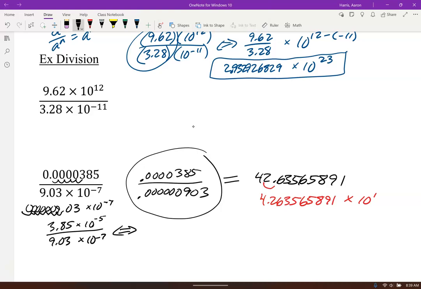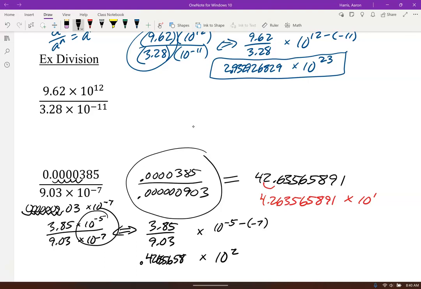Now I'm going to take the 3.85 and divide it by 9.03, and then take my tens: negative 5 minus negative 7, so negative 5 plus 7, so I'll have 10 squared. Now 3.85 divided by 9.03, and I get 0.4263565891.